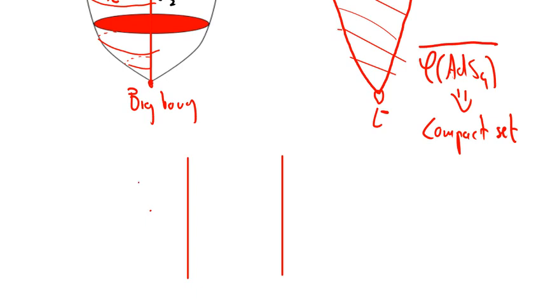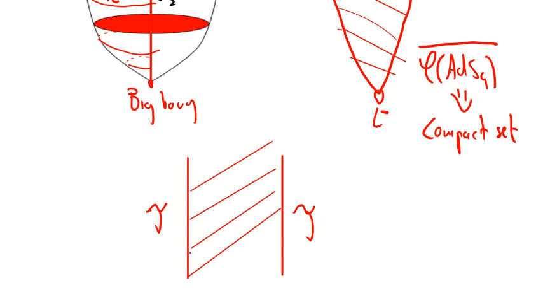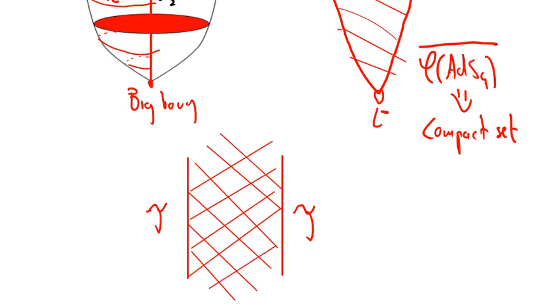Here we have the null rays, which are straight lines at 45 degrees. As always, the knowledge of the null rays will enable us to draw causal curves. This should be parallel, but it's not easy to draw, but I think you understand what I mean.